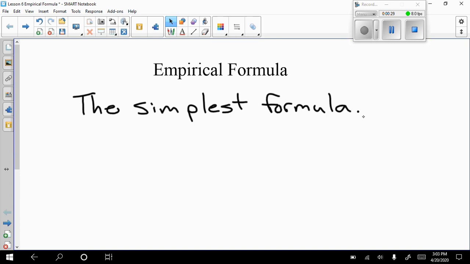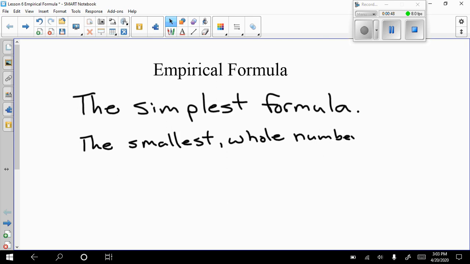It's called the simplest formula. Really, what it is, is the smallest whole number ratio in which the atoms combine.